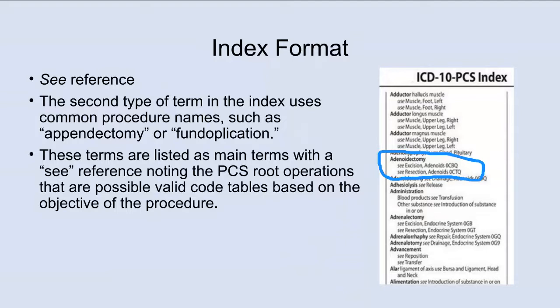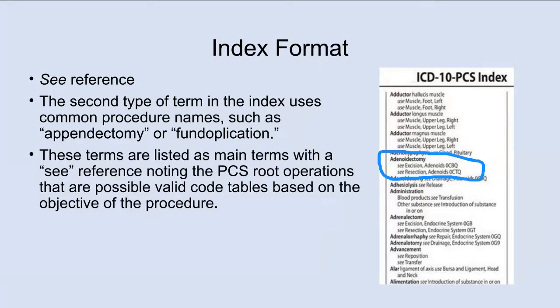So these use, instead of the root operation, the excision or resection, it gives the common procedure, in this case, adenoidectomy. It's also true of appendectomy and fundoplication. So these terms are listed, but they give you a "see" reference, excision or resection in this case.